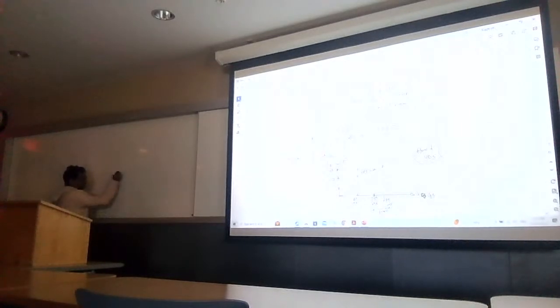If it is a transistor, this is the drain. Let's say this is the source terminal and this is the gate. So there may be two voltages. One is VGS, the gate to source voltage, and another is VDS, the drain to source voltage. So we can see there are two voltages, but we cannot change both voltages simultaneously.